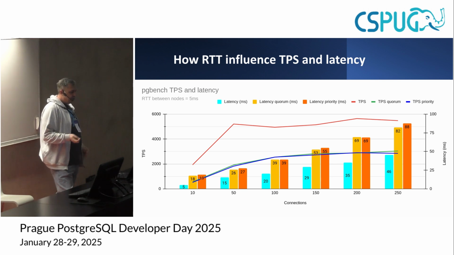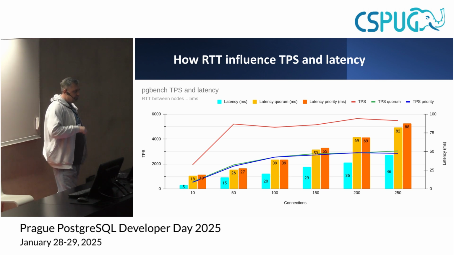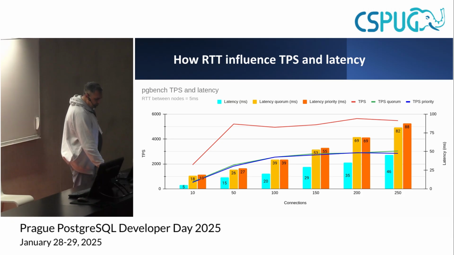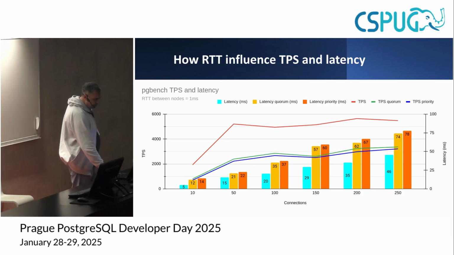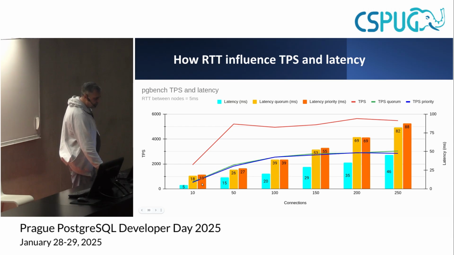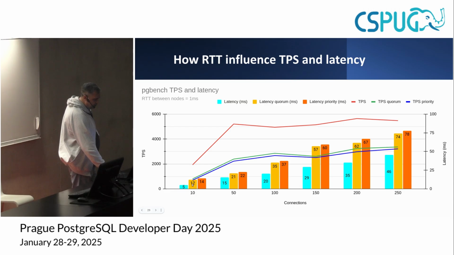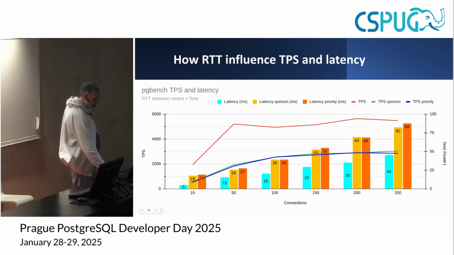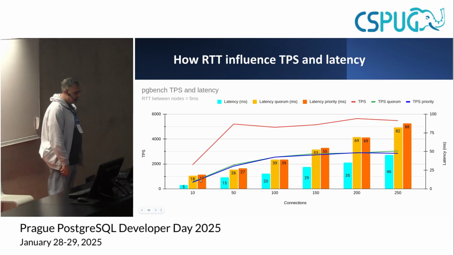When I increased latency from 1 millisecond to 5 milliseconds, what becomes interesting is that the latency of priority and quorum sync increased. It was 12 and 14 milliseconds with 10 connections, and then it became 18 and 19 milliseconds. Basically, it increased by around about this round trip between nodes.